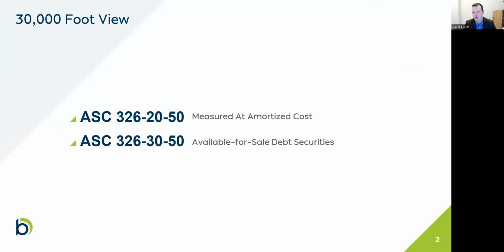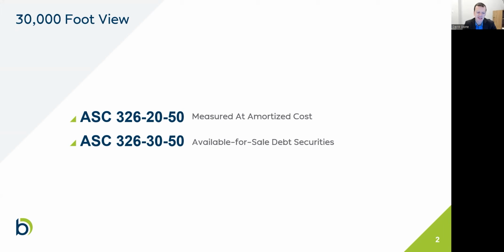So to start, I just want to provide what I like to call a 30,000-foot view, super high level. Where in the guidance is all this disclosure info found? It's really found in two spots. You have ASC 326-20-50. That's going to cover your financial instruments measured at amortized cost, so your loans and your off-balance sheet commitments.